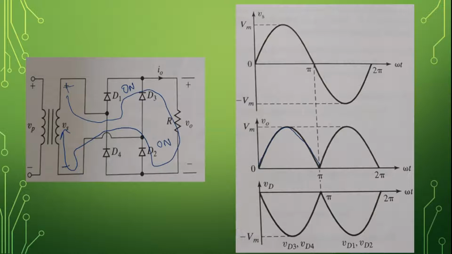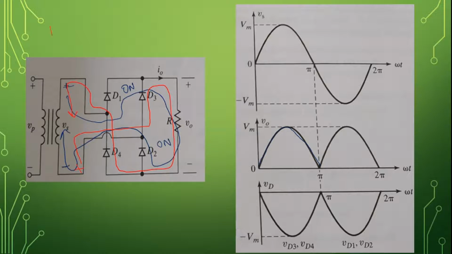Whereas during negative half cycle, which is indicated by this red one, we have this as positive. So what will happen? The current starts flowing through D3 to the load, then to D4 back to this.